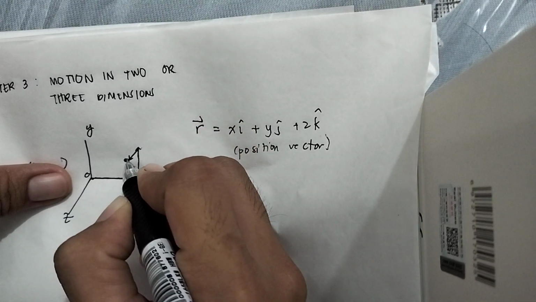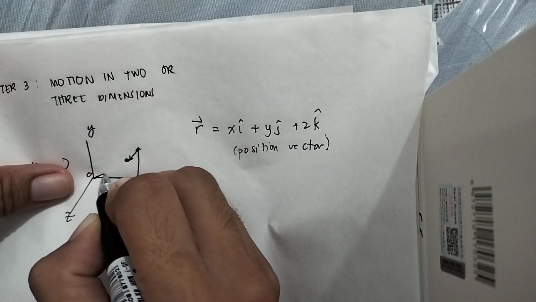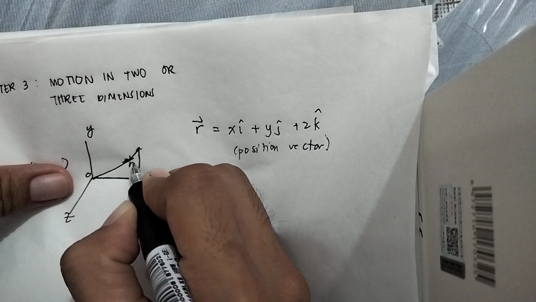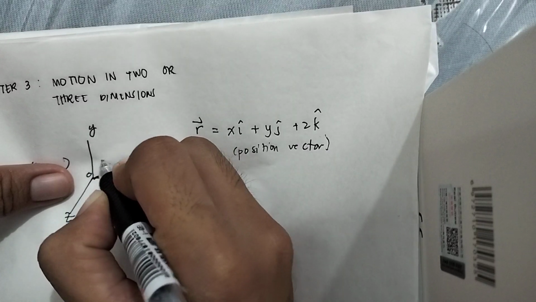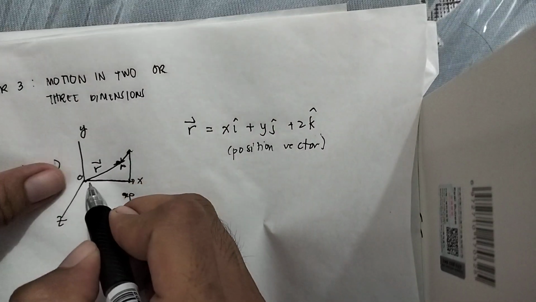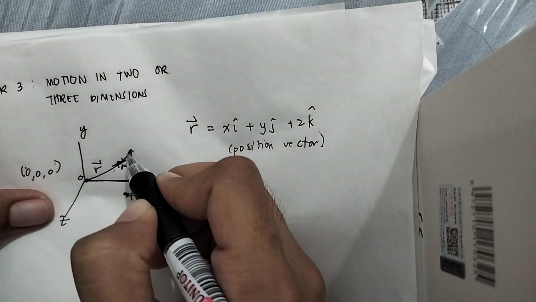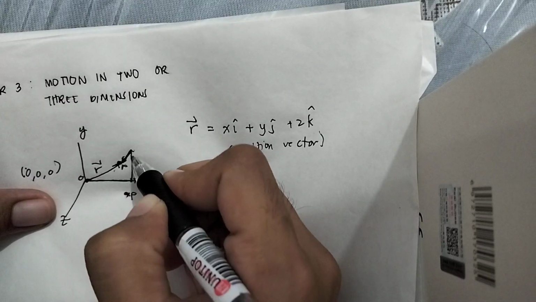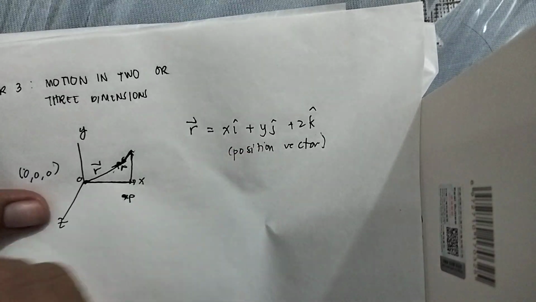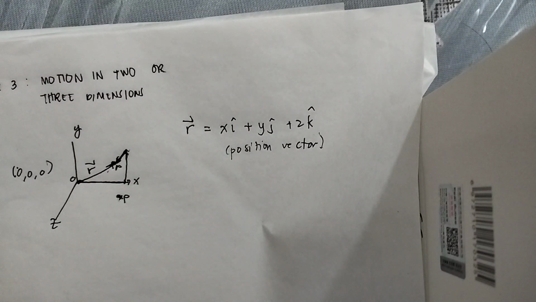Then you connect the head and the tail of your vector. So that is your position vector R, from the tail at the origin to the point, with x, y, and z components.